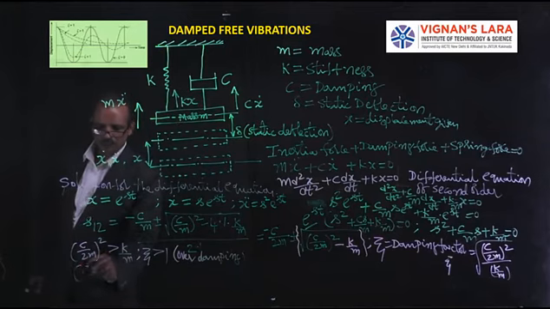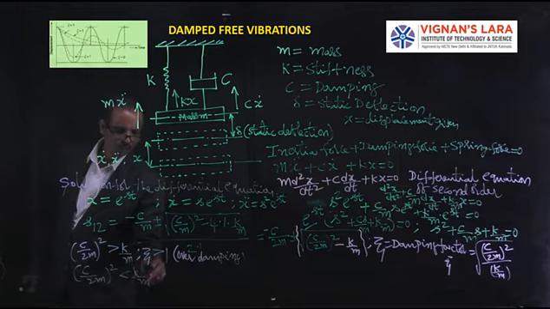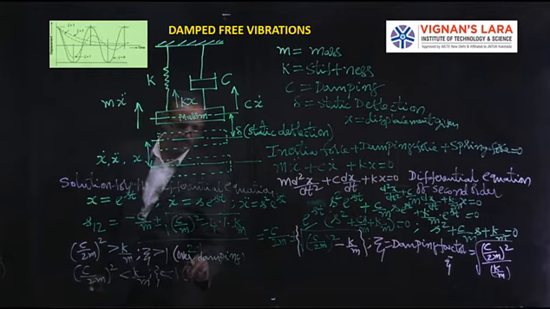Say c by 2m whole square is less than k by m, which means zeta is less than 1, and is called under damping.